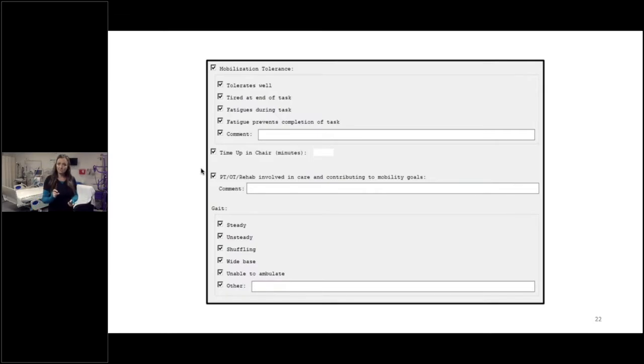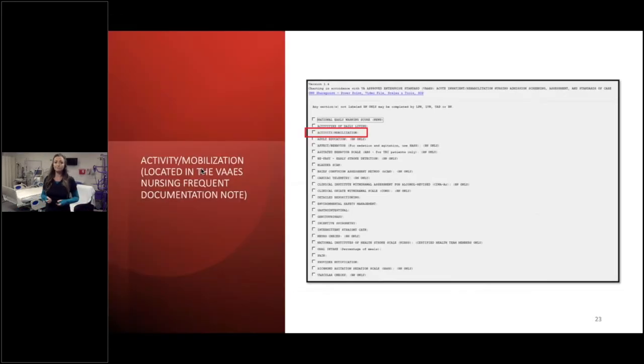In your notes, you also have a spot where you can document how the patient tolerated mobility, whether or not physical or occupational therapy is involved in the patient's care, and whether the gait was steady, unsteady, shuffling, wide base, unable to ambulate. There's a spot in the notes for you to write that too. The other note title that you can document your mobility in is the frequency note, the nursing frequency note.